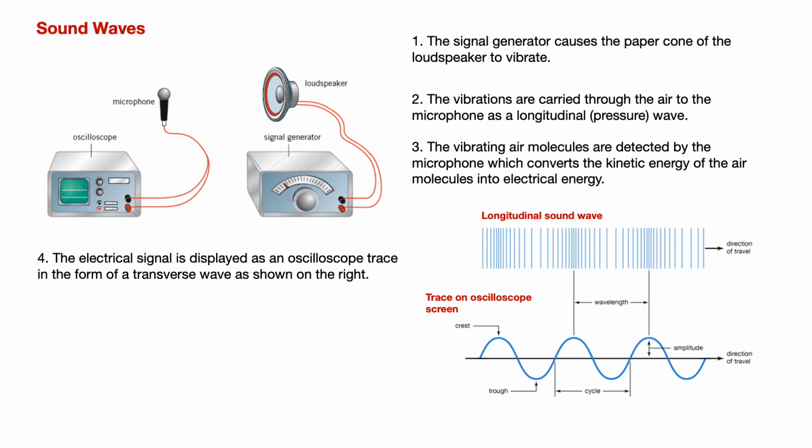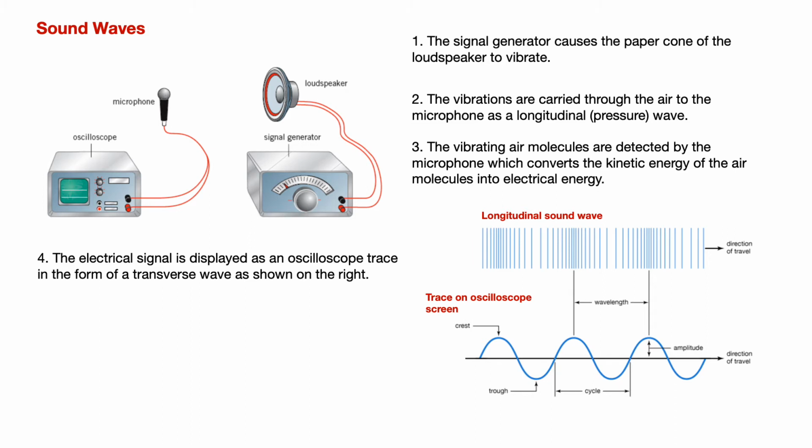If you look at the central compression in the longitudinal wave, that black line takes you down to a crest. So a crest on the oscilloscope trace corresponds to a compression in the actual sound wave. Correspondingly, if you look at the decompression just to the right of that and follow your eye down to the transverse wave below, you'll see it corresponds to a trough.